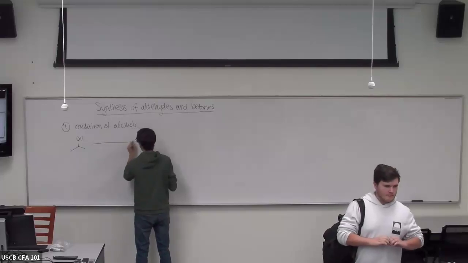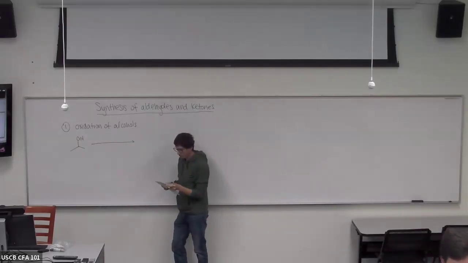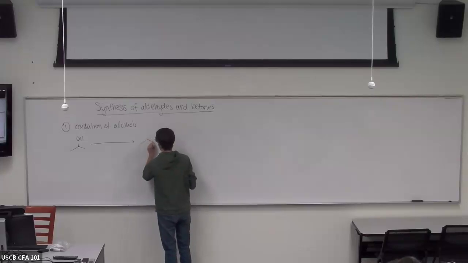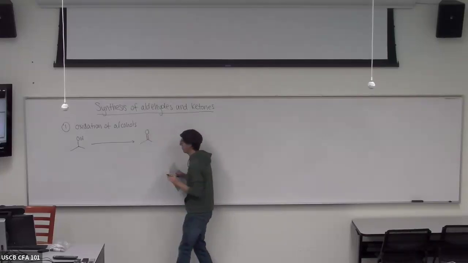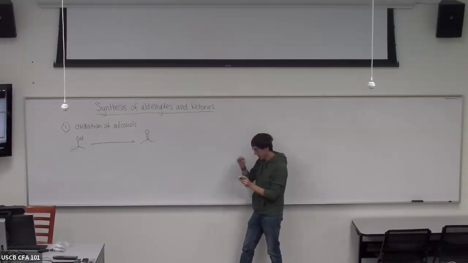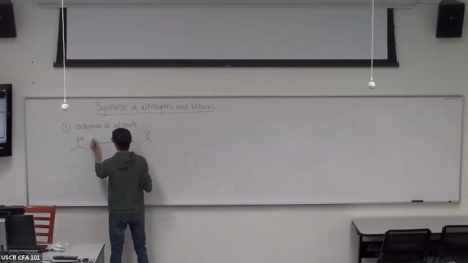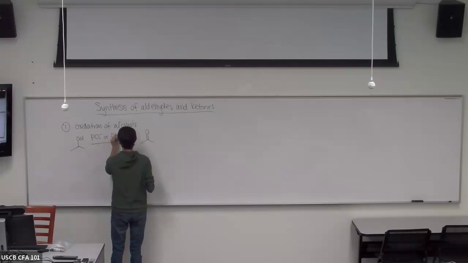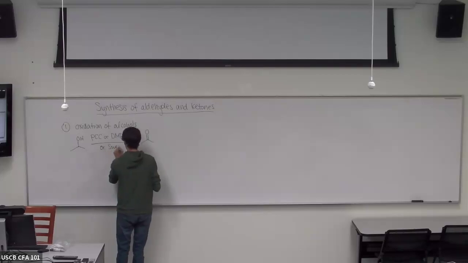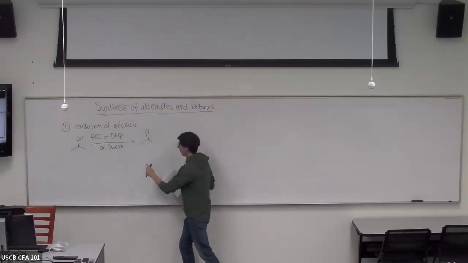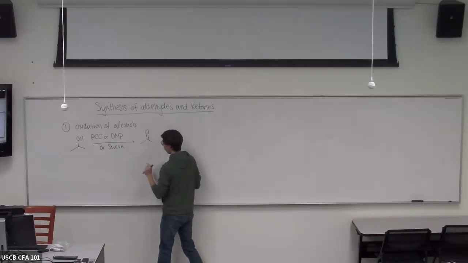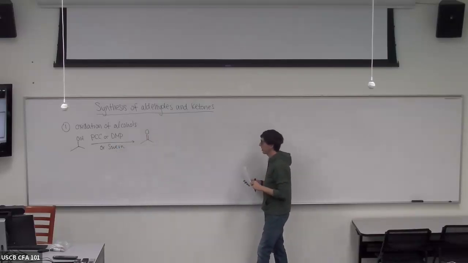There's a couple options of different reagents we can use, and those will all get us to a carbonyl. So the ones we'll talk about are these: PCC, DMP, or the Swern oxidation.